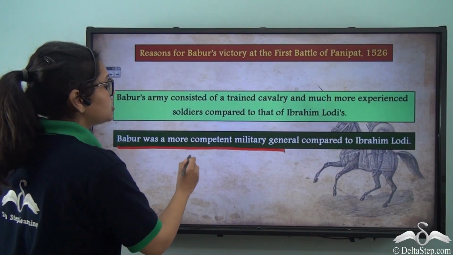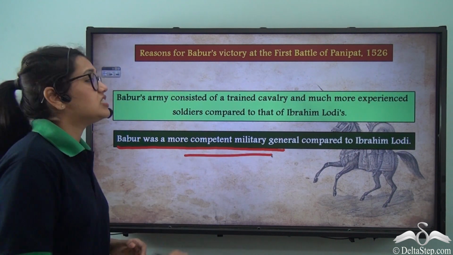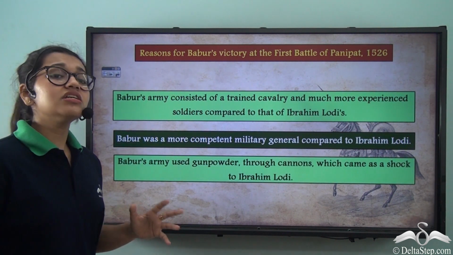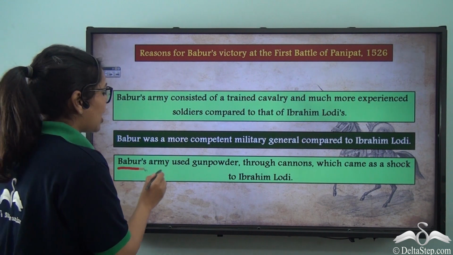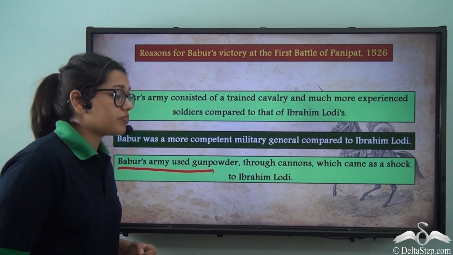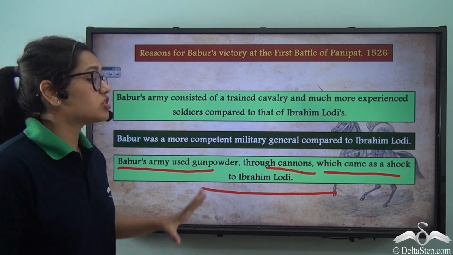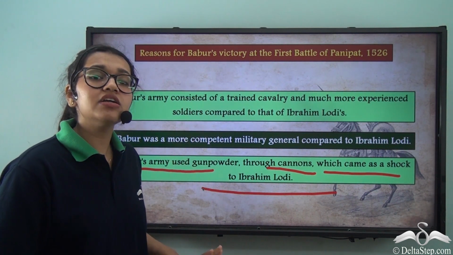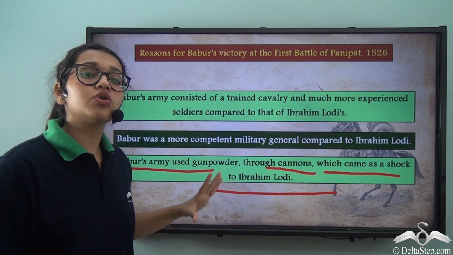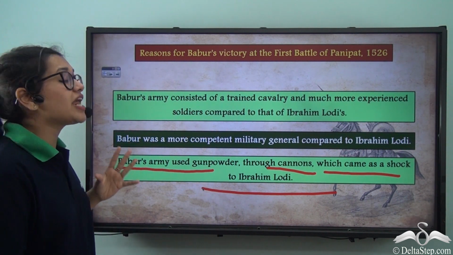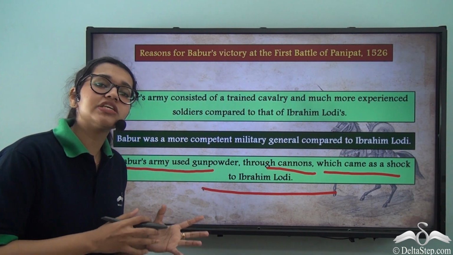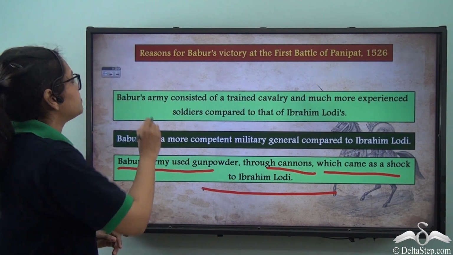So he was a much more competent military general. Another reason was that Babur's army used gunpowder through cannons, which came as a shock to Ibrahim Lodi. So this was new technology back then, and so it came as a shock to Ibrahim Lodi. So these were the three main reasons why Babur was able to defeat Ibrahim Lodi.